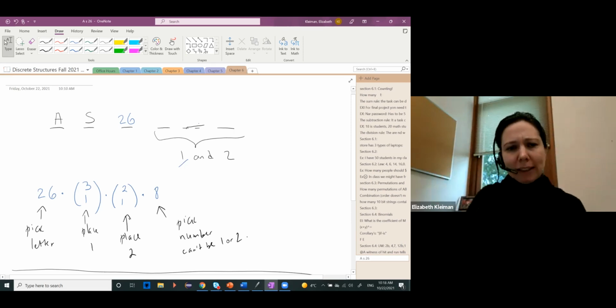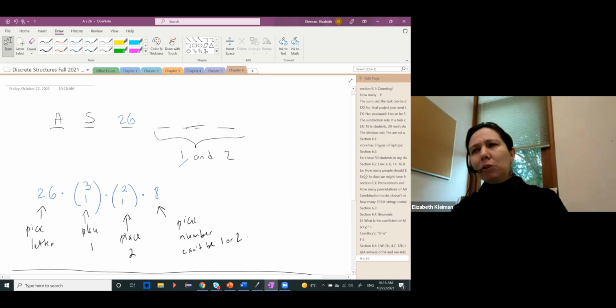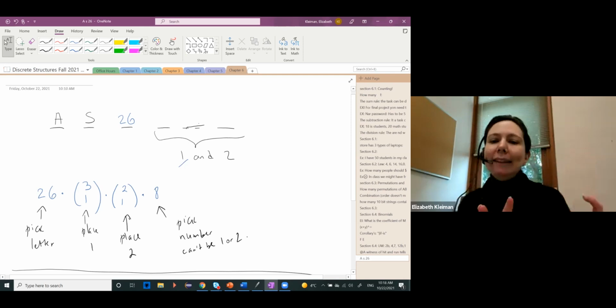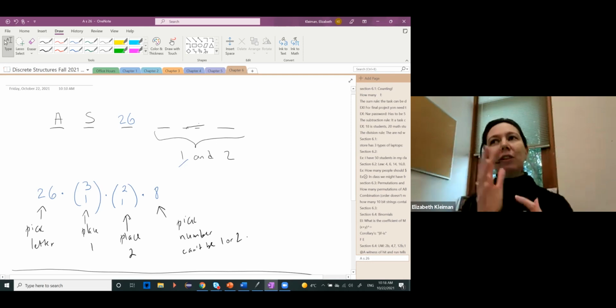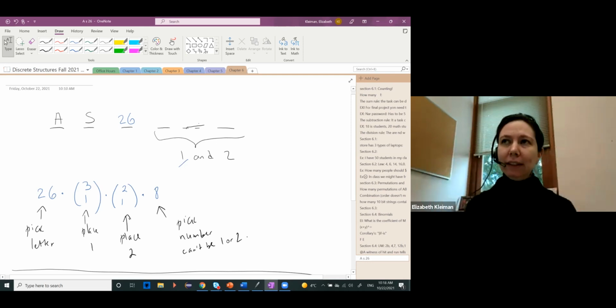Because 26 multiplied by 3 multiplied by 2 multiplied by 8 is going to be a huge number, correct? So this is an important thing to remember. When I ask you in how many different ways you can do things, generally the answer is a large positive number, correct? It cannot be a negative number.